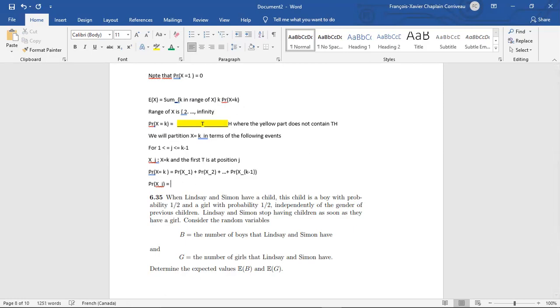If you prefer, it's 1 over how many sequences are we looking at? 2 to the k. How many sequences give us what we want? Only one of them. We have to have heads here, we have to have tails here, and we have to follow it up by a head. So this is one sequence over 2 to the k sequences, and that's equal to 1 over 2 to the k.